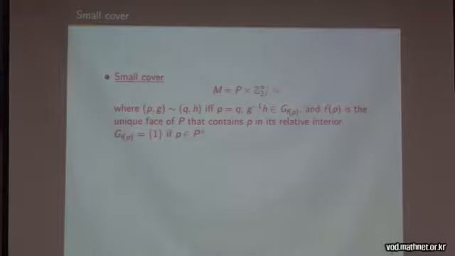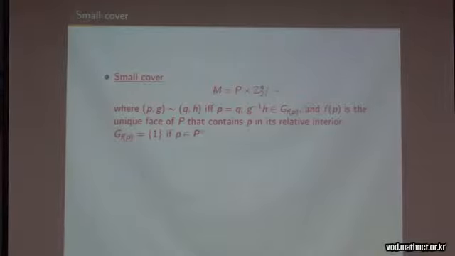Conventionally, we can construct small covers according to the polytope and the colorings on the polytope. The small cover is a quotient space where (p, g) is equivalent to (q, h) if and only if p is equal to q, and the inverse of g times h belongs to the group we defined.